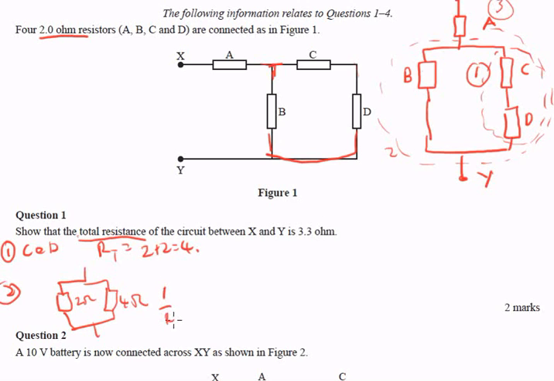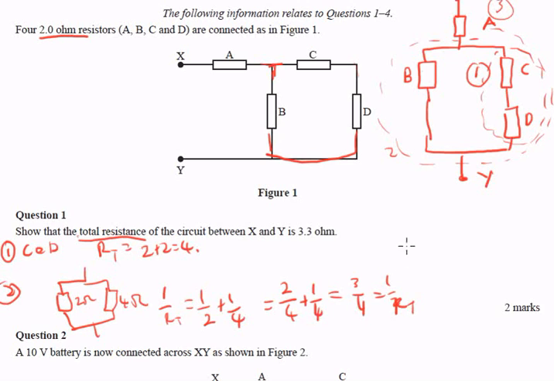So I've got to go 1 over R total is 1 over 2 plus 1 over 4. I've got to make the bottoms the same, so the common denominator is 4. This one becomes, I double this, so I get 2 over 4 plus 1 over 4. And that is 3 over 4, which is 1 over RT.